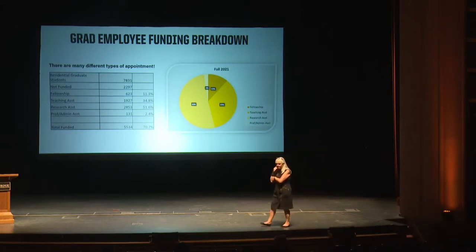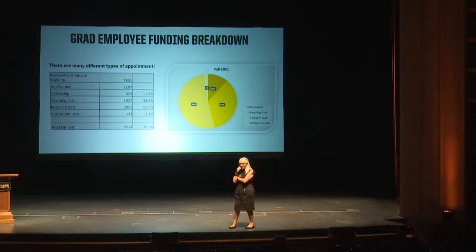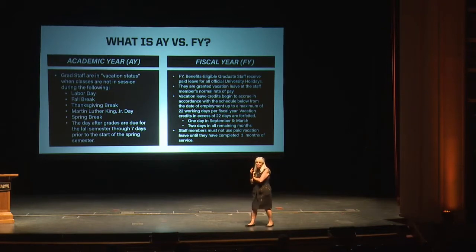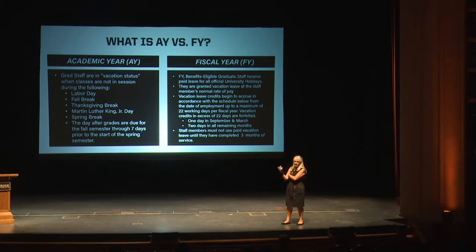I was just going to ask, for the academic year section in the previous slide, the day that grades are due through 7 days prior to the start of the spring semester, just generally, how many days is that? It depends on the semester. The break between spring and fall is, of course, the full summer.